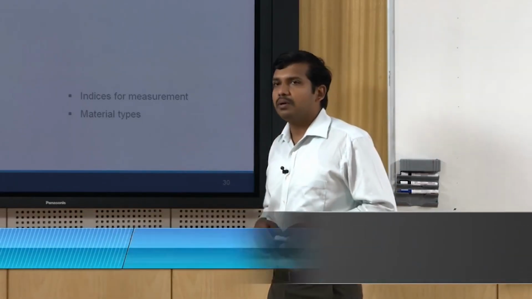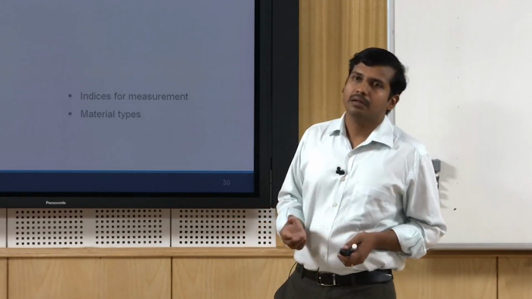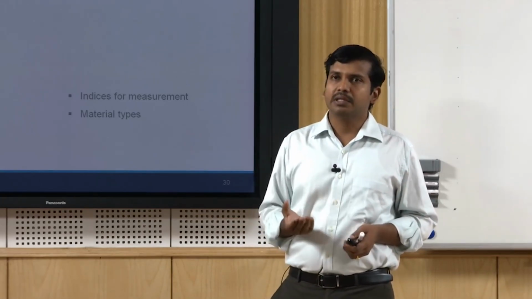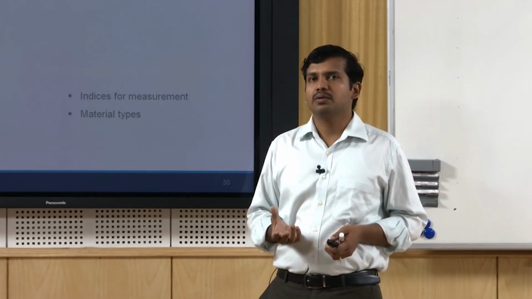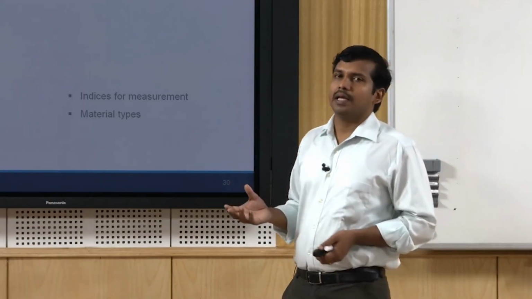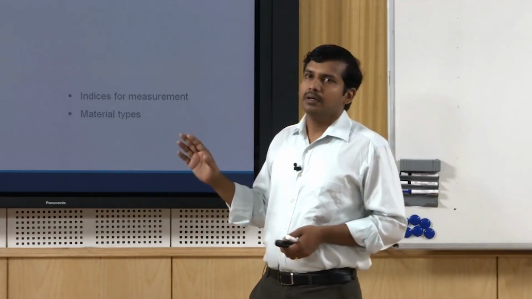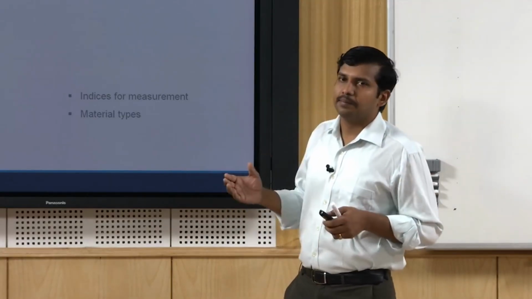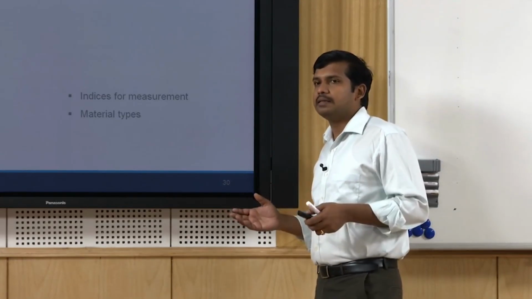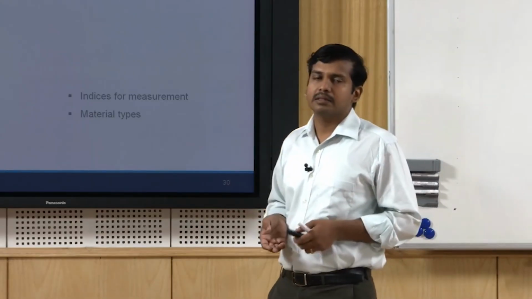The second thing we looked at is sound insulating material, where we talked about transmission loss and sound transmission class or STC, and how we calculate the transmission loss between two different rooms. We also looked at a few examples of how we increase the STC of a particular partition system. Thank you.